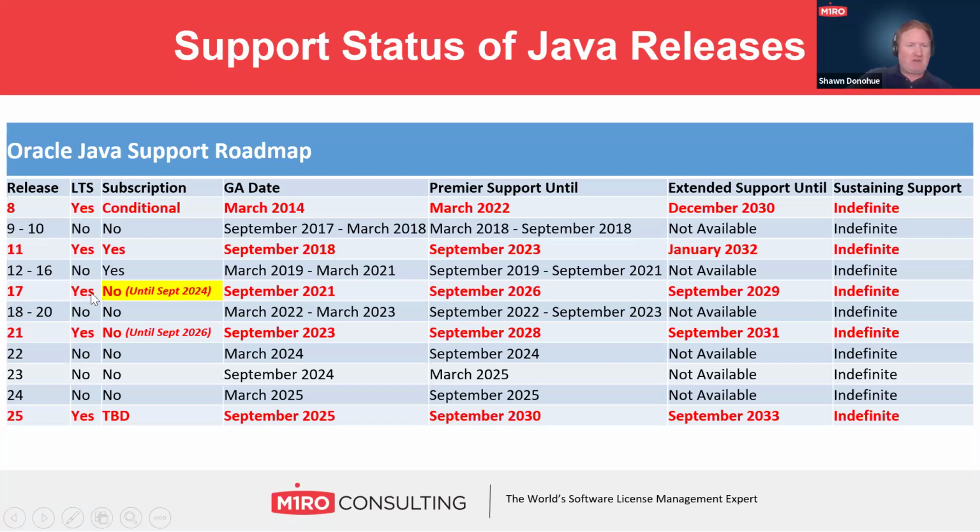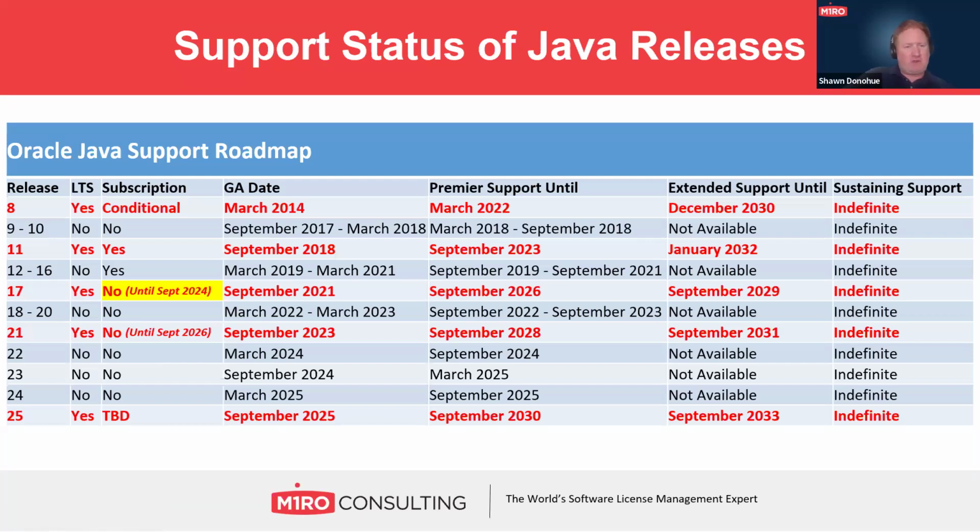And you can see the non-long-term versions. Most of those don't actually require a subscription because they're just not supported very long. Right now I believe it's version 22, but that's only going to be supported until this September. So if you migrated your entire organization to Java 22 two months from now, you won't have support anymore. So obviously, that's probably not something you want to do.